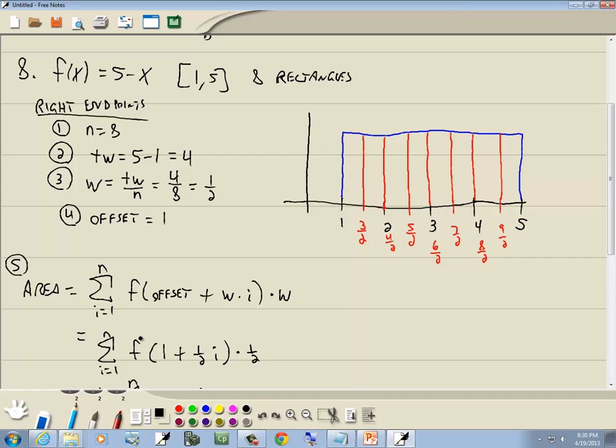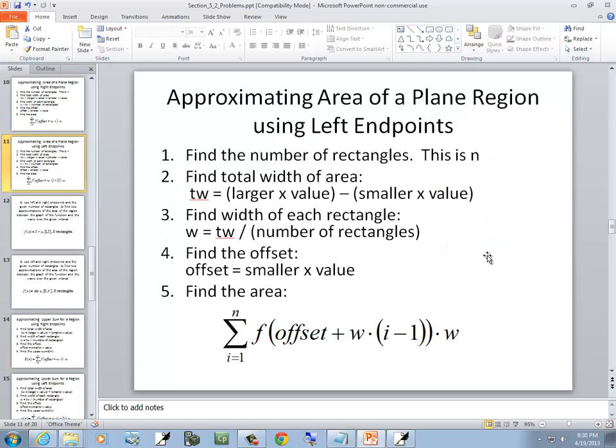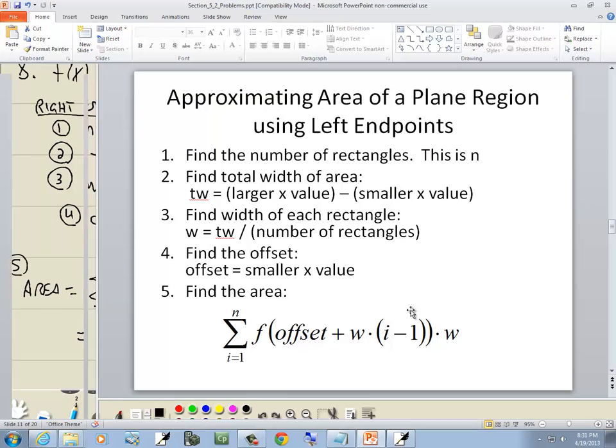Now let's look at our left endpoints. Okay, our left endpoints. Find the number of rectangles. This is n. So n is equal to 8.